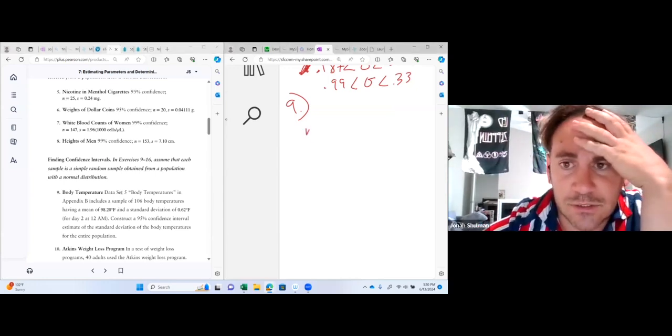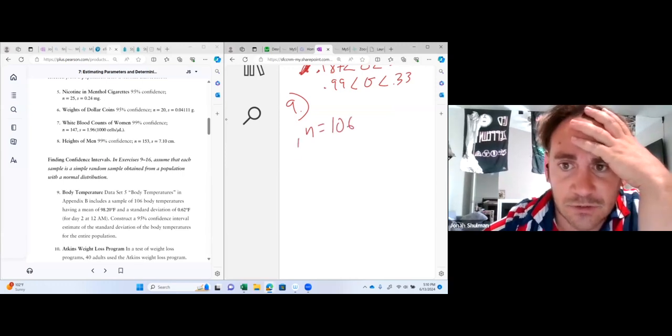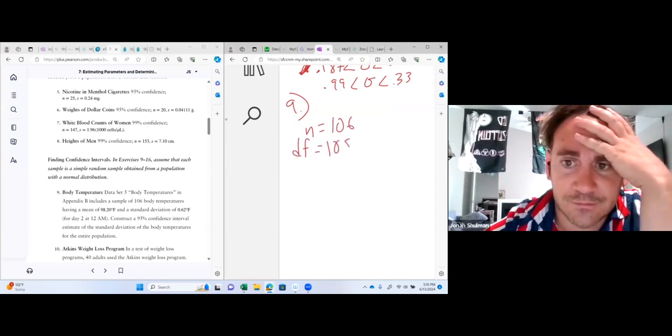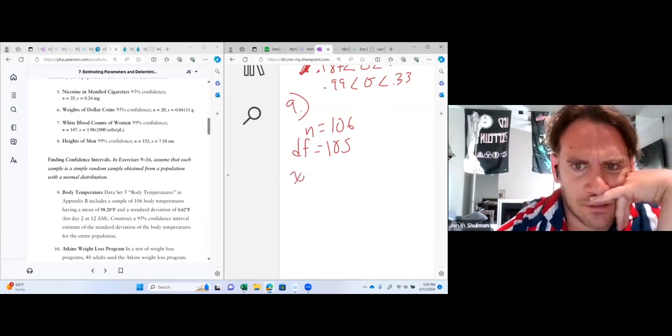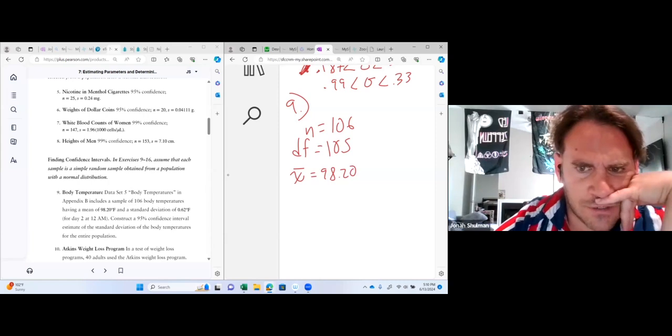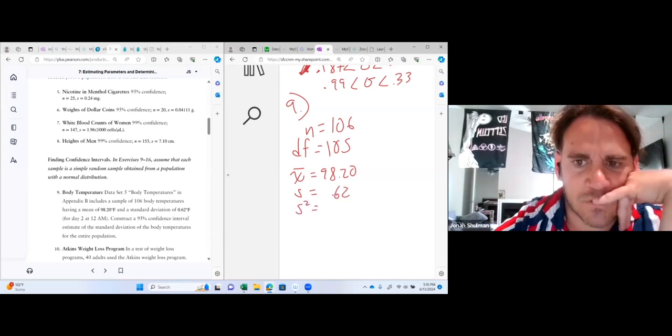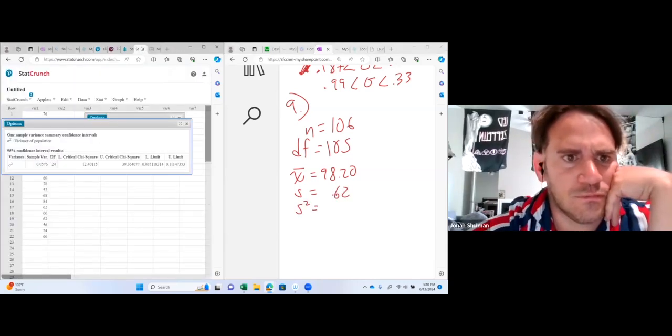So our n is 106, which makes our degrees of freedom 105. Our sample mean is 98.20. Our sample standard deviation is what? 0.62. So for our sample variance, we have to square 0.62.